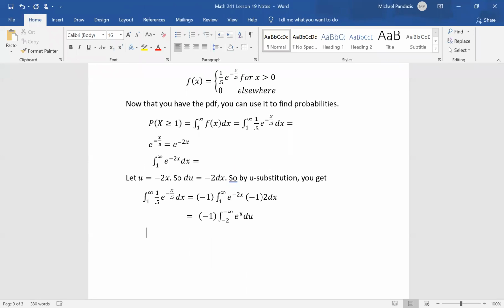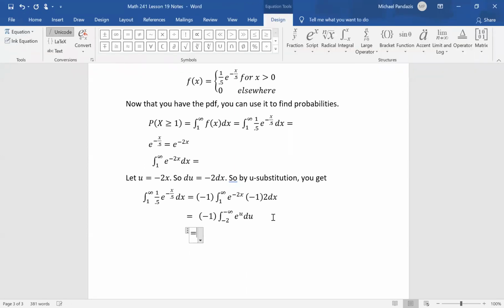Okay. Now this is also the same as the integral. If you switch it, you can negate it, and so you get this thing, negative infinity to negative 2 of e to the u du.